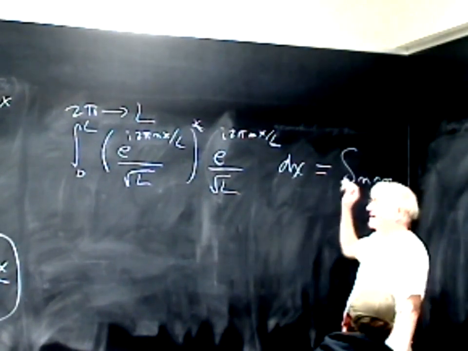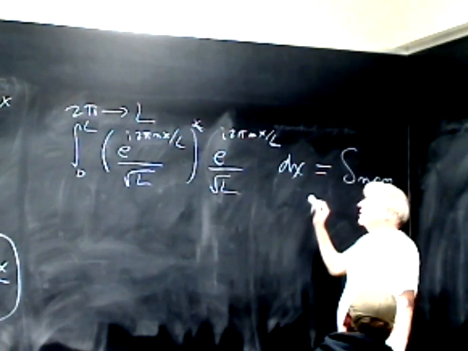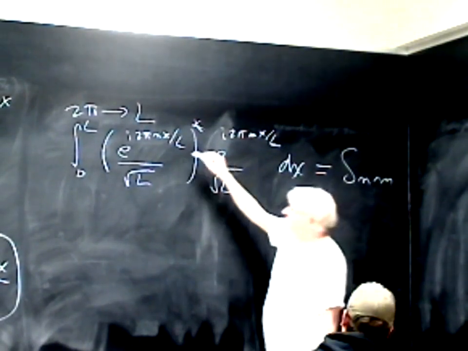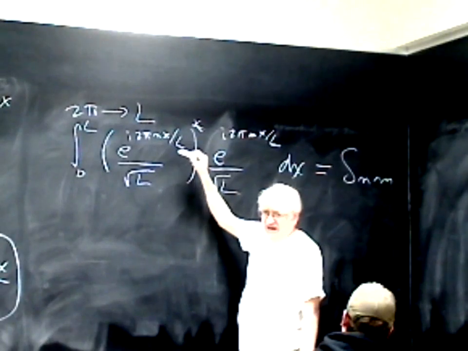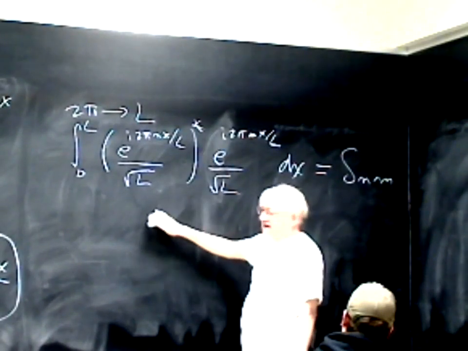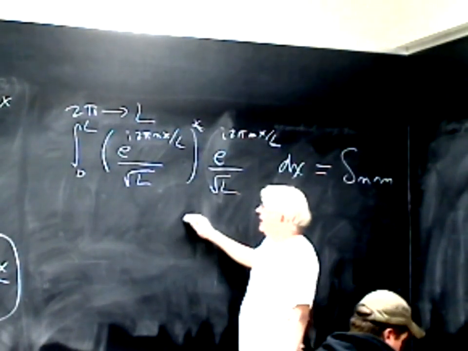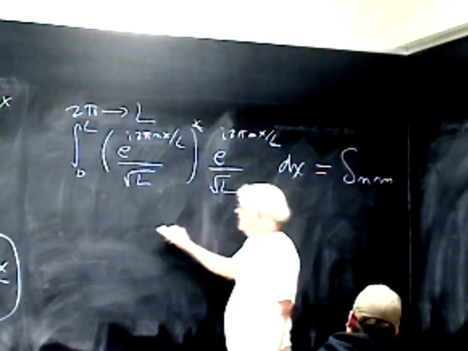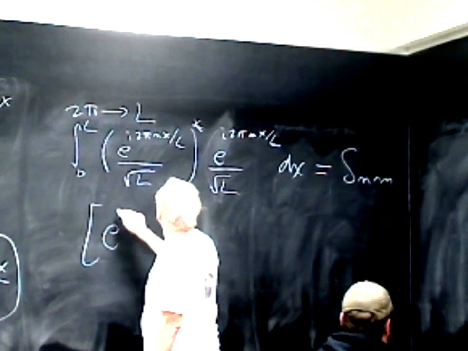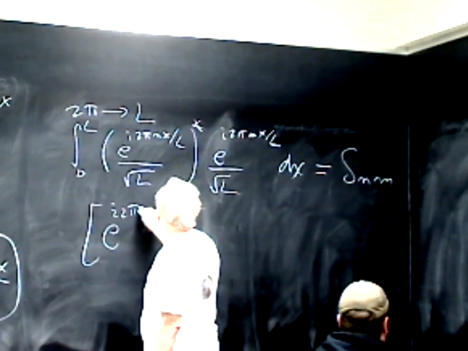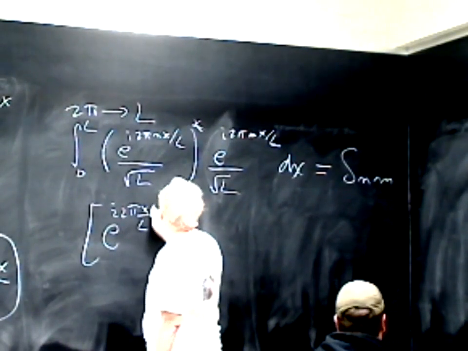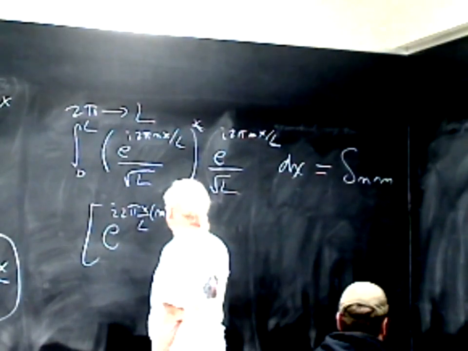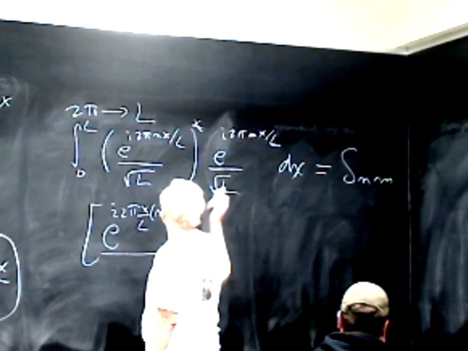On the other hand, when n and m are different, then you do the integral and you have a denominator that has n minus m in it, and then the thing that gets integrated is e to the i 2 pi x over L times m minus n divided by, what is it?